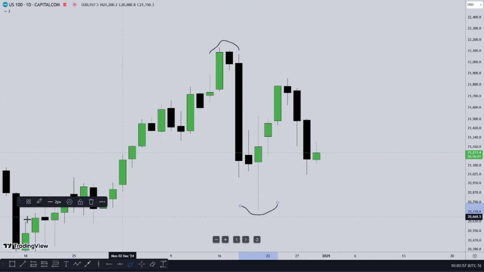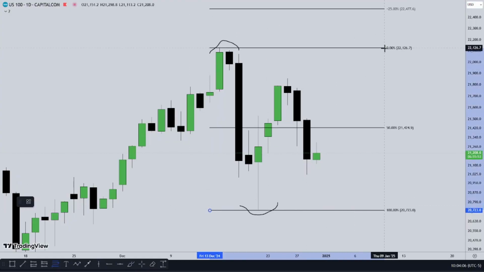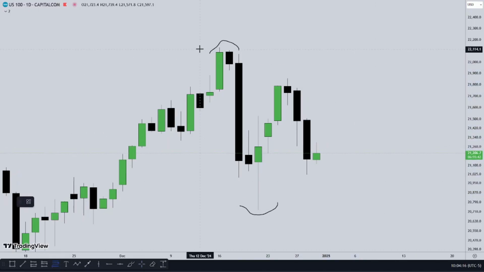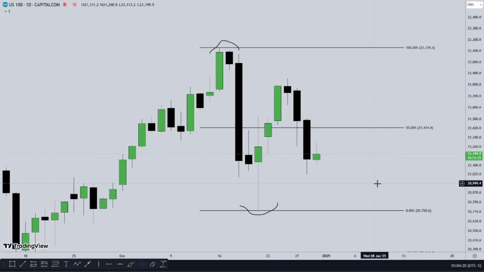And here's a swing low. Now, placing your Fibonacci, you can use from the swing low to a swing high, it doesn't matter, but I'm just trying to make it easy to understand. Now, we know that above the 50% is the premium, below the 50% is a discount.